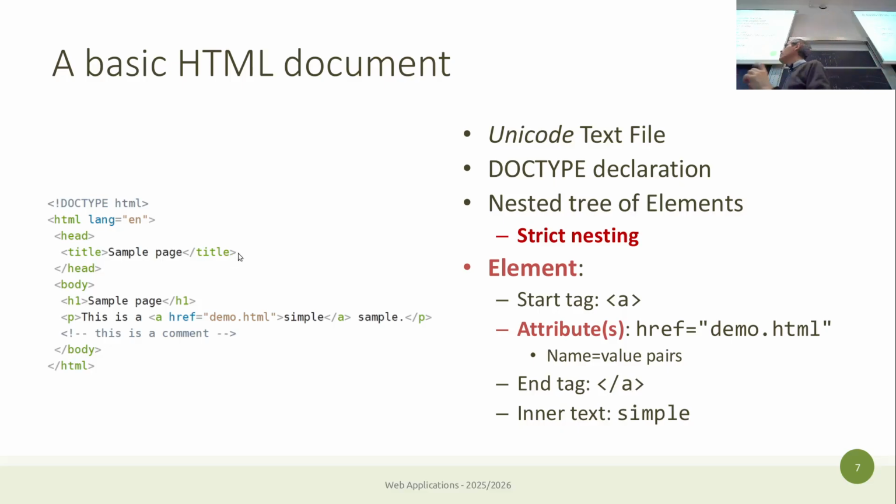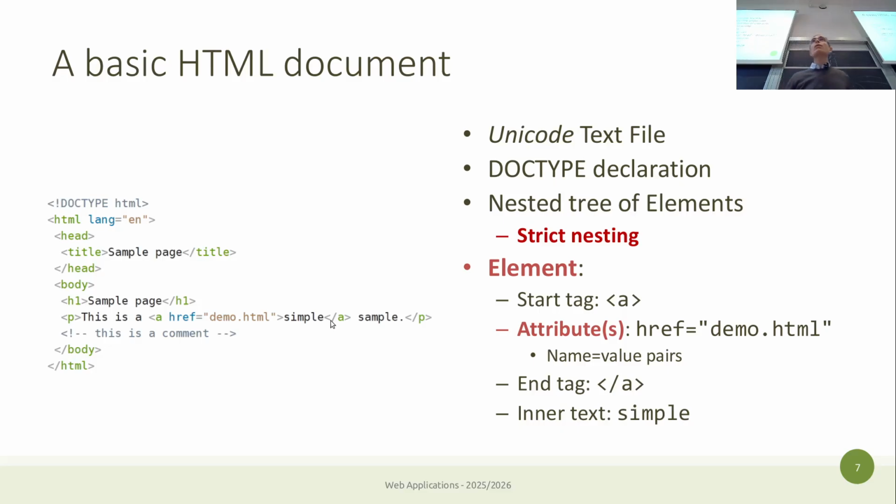It's very, very similar in terms of format to XML. It's actually XML, okay, a form of XML. And tags can have attributes. You see an example here, href equal to, okay? And can have content, okay?